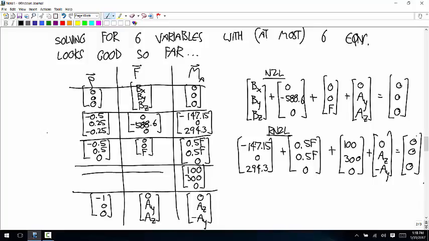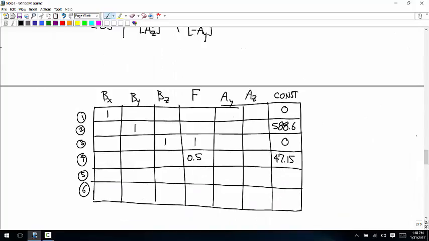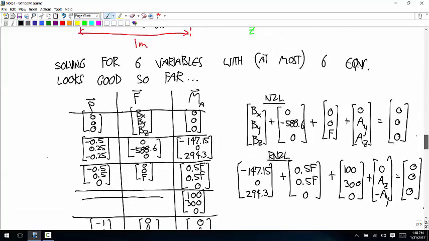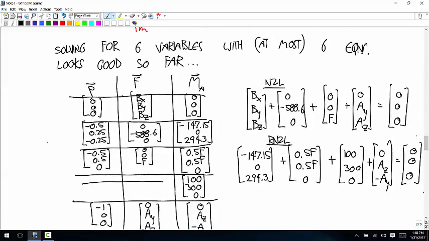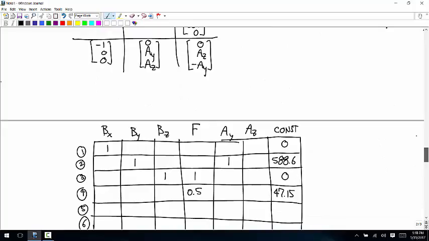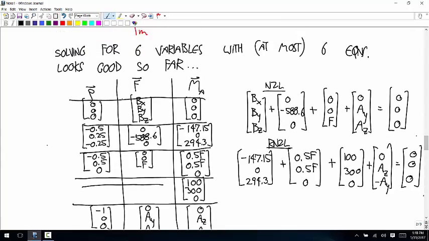Okay, so the first equation doesn't change. The second equation, we also have 1 times AY. The third equation, we also have 1 times AZ. The fourth equation, we had right.